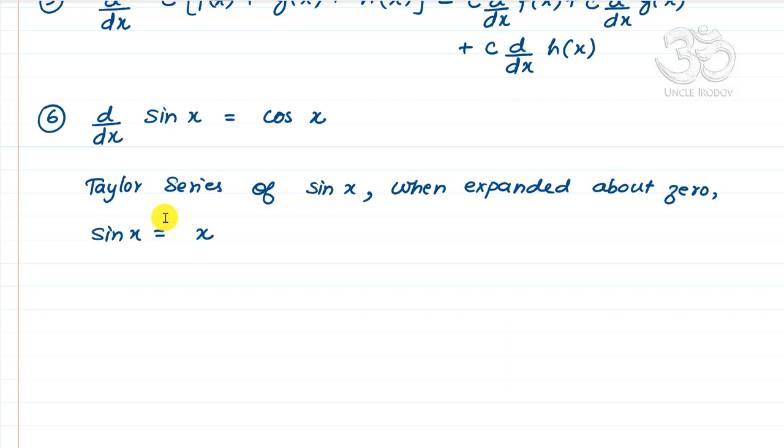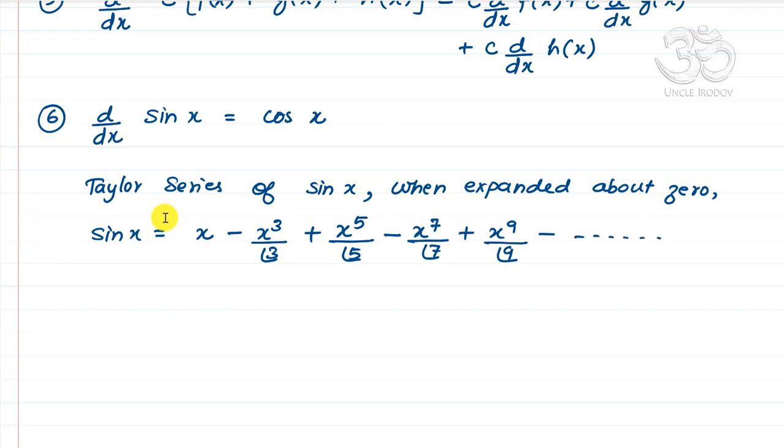So x minus x cube by factorial 3 plus x power 5 by factorial 5 minus x power 7 by factorial 7 plus x power 9 by... No, you're not supposed to know how this comes in, but you should just know this expansion.